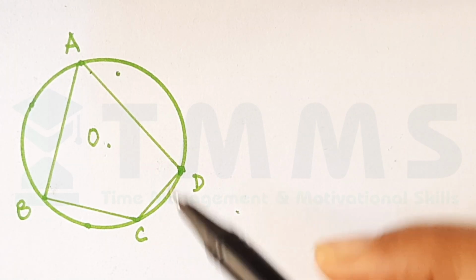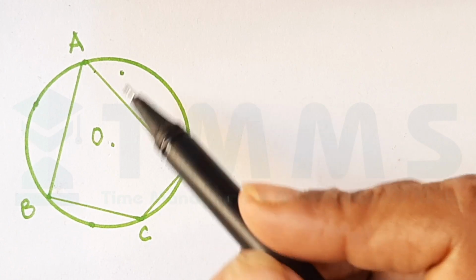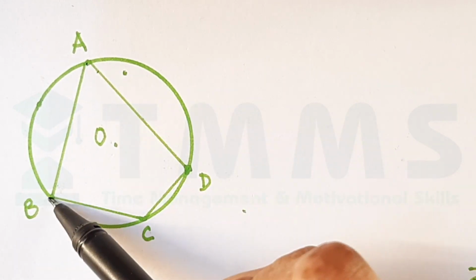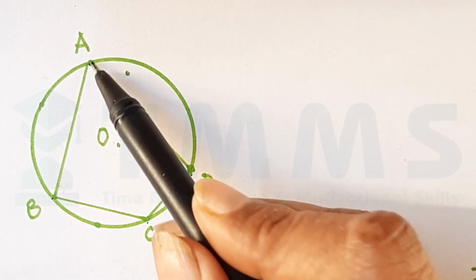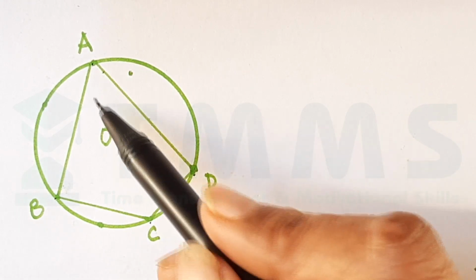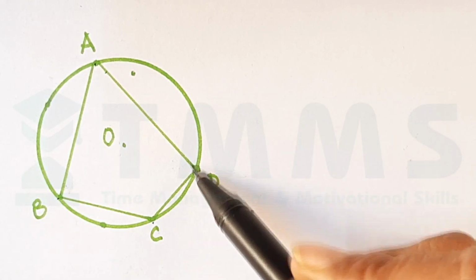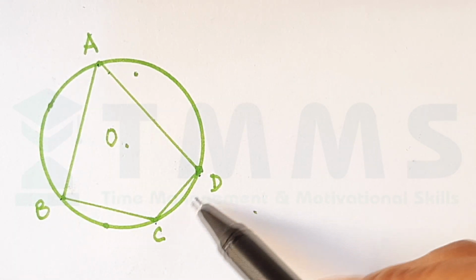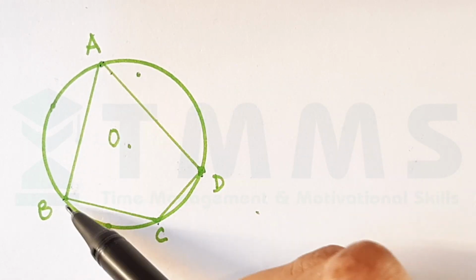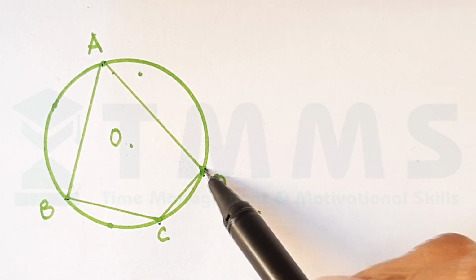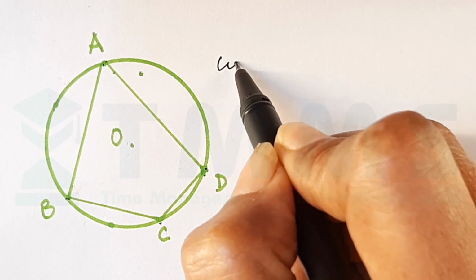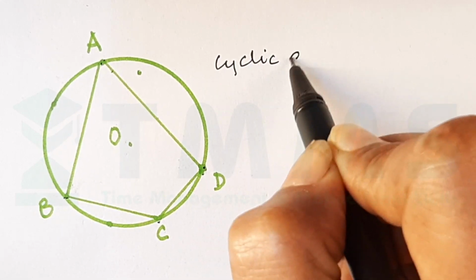Now we come to another diagram. Here you will see there is a circle. This circle has A, B, C, D, 4 points on the circumference. If you join these, we will get a quadrilateral which will have all its vertices on the circumference, and this is called a cyclic quadrilateral.